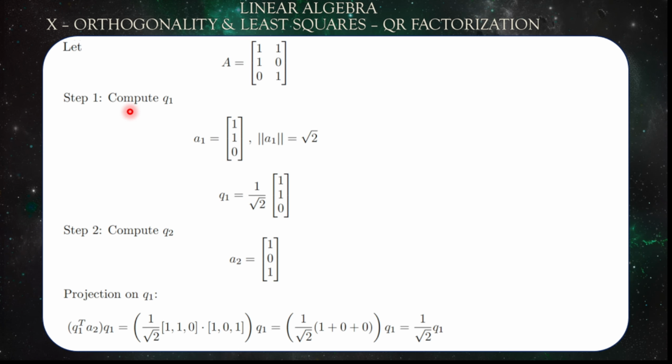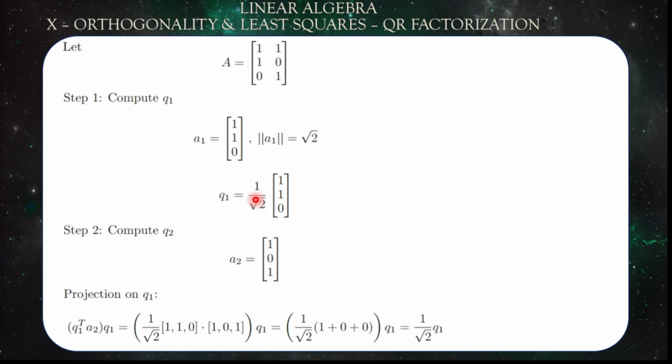So let A equal the matrix with columns 1, 1, 0 and 1, 0, 1. Compute Q1. At first, A1 is the first column, 1, 1, 0, and its length is the square root of 1 squared plus 1 squared plus 0 squared, which is the square root of 2.